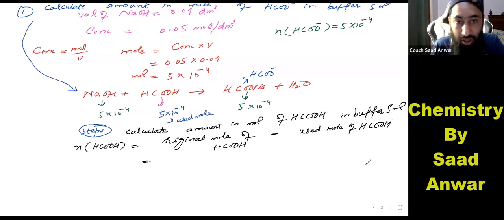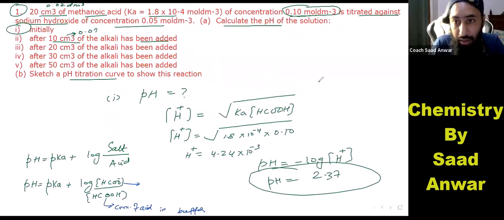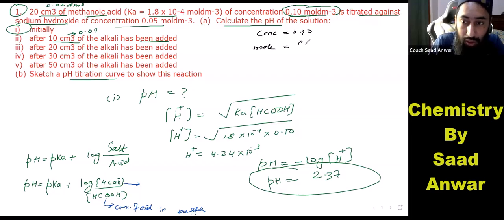So to find out the original moles, I need to use this concentration. You see concentration is 0.10, volume is this. So mole is equal to concentration times volume. Concentration is 0.10, volume is 0.02.